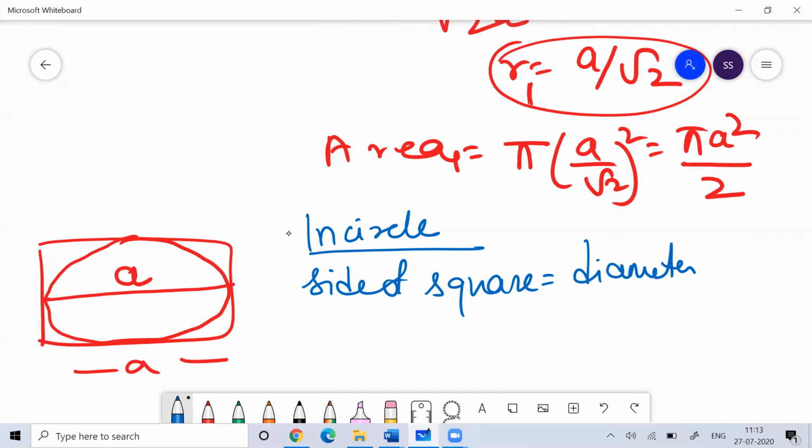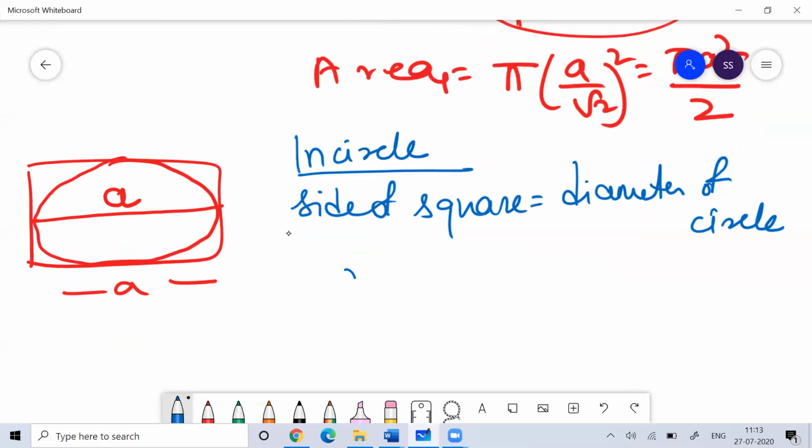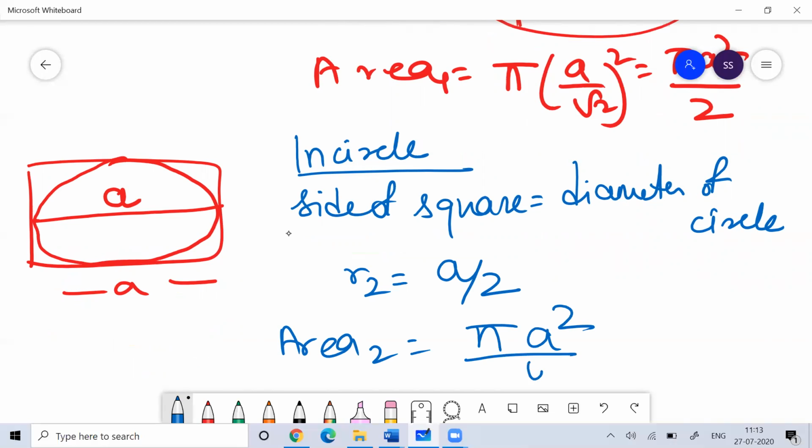So the diameter is a, and the radius of the incircle would be a by 2. So the area of the incircle would be pi into a squared by 4.